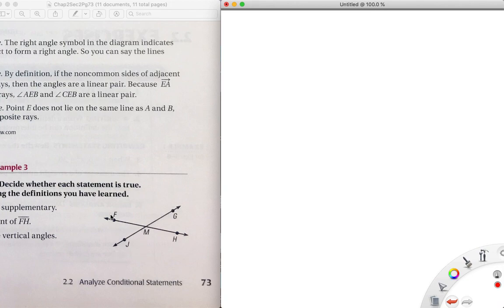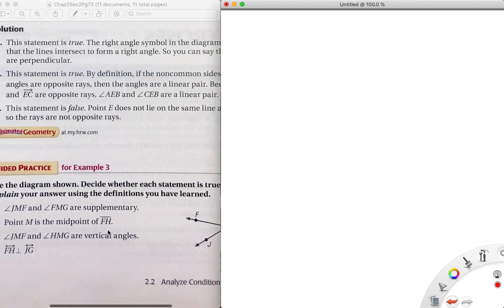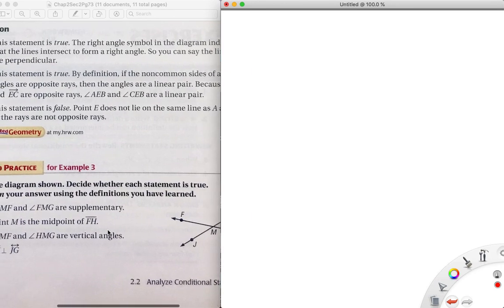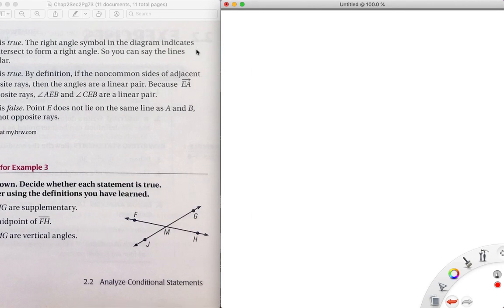So JMF and FMG, are they supplementary? And the answer is yes, they are. So angle JMF and angle FMG, they are supplementary, but they're supplementary because they are linear pairs.